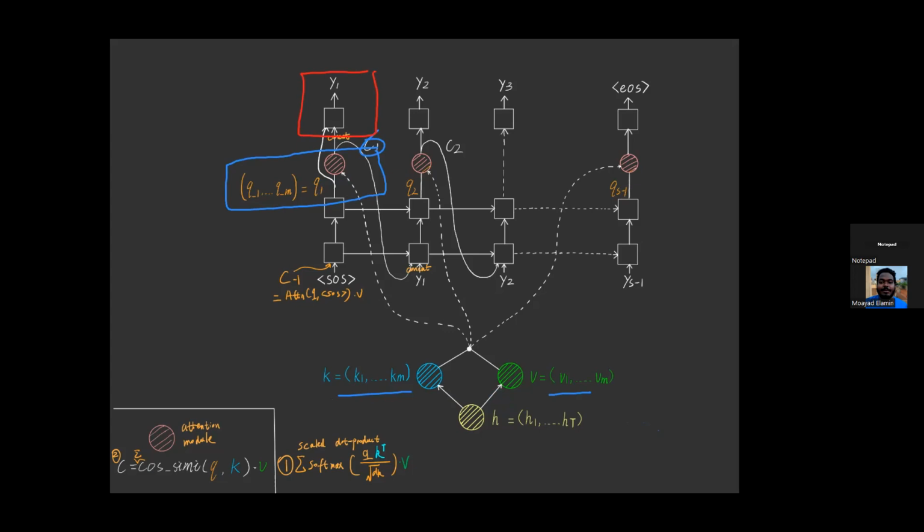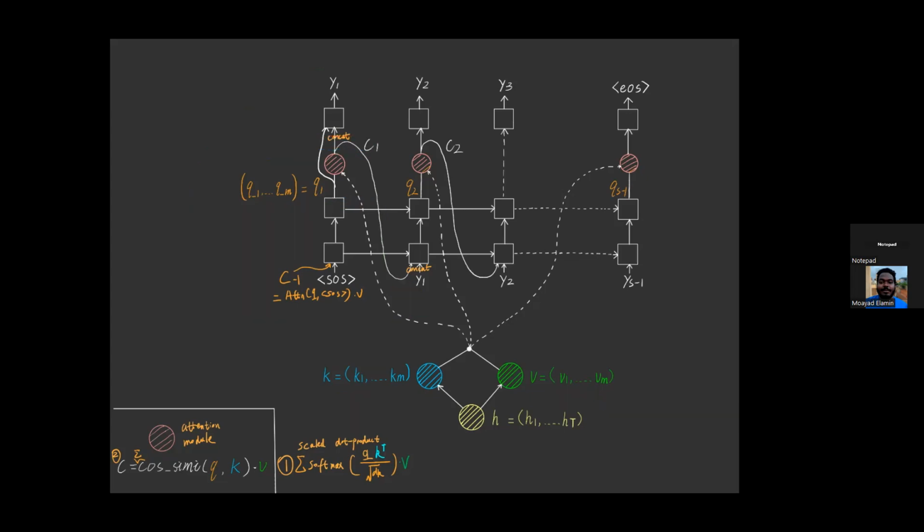Then this will be taken from here, from your output, both your Y value, which is the predicted output, and your context that we just calculated, the two of them will be used as input to our next time step.